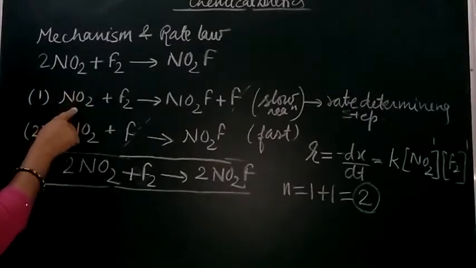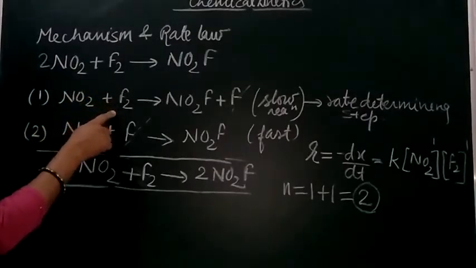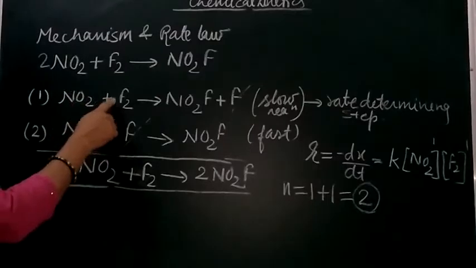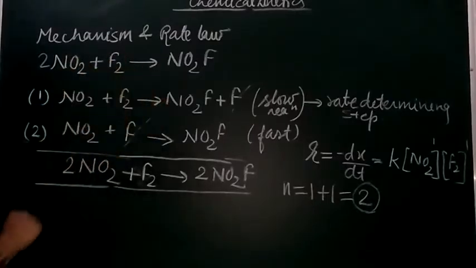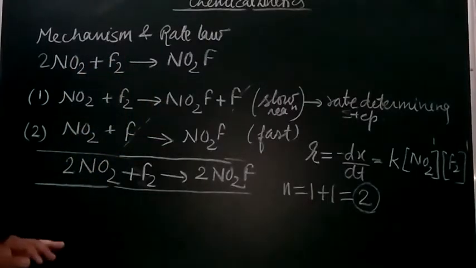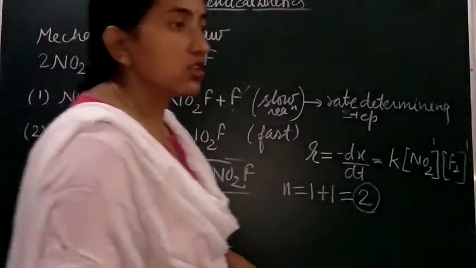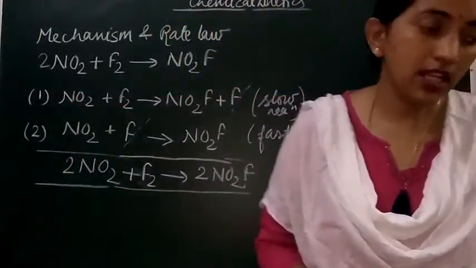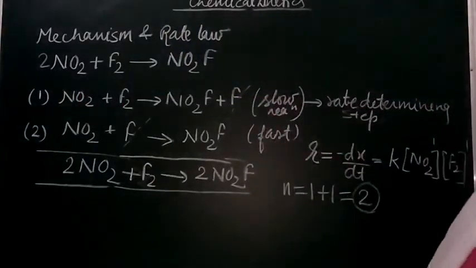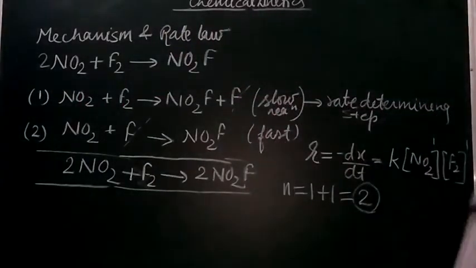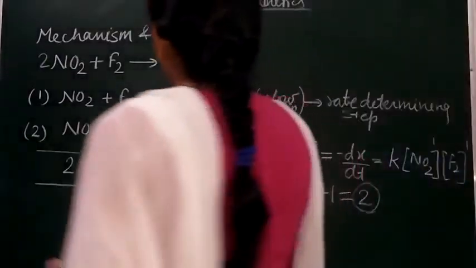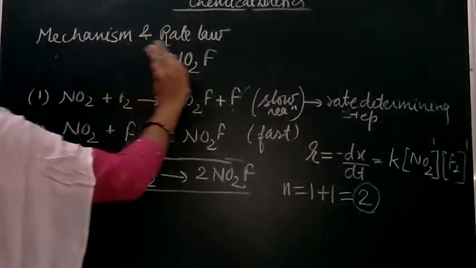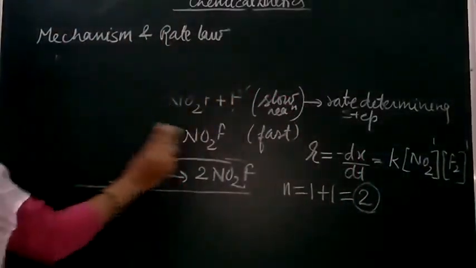One molecule of NO2 collides with one molecule of F2, and the reaction proceeds. Each single step of the complex reaction will be known as an elementary reaction. Here we can take another example also. This was the first example.